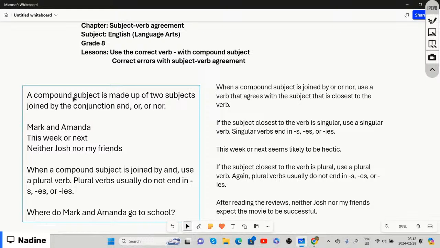For example, this week or next seems likely to be hectic. So seems, it ends with an s. Likely to be hectic, meaning it's going to be a busy week.